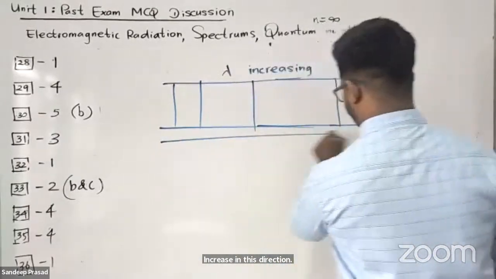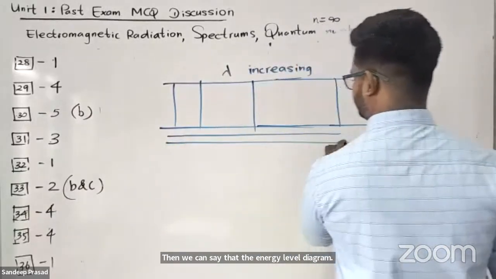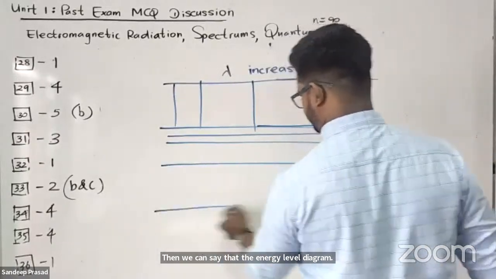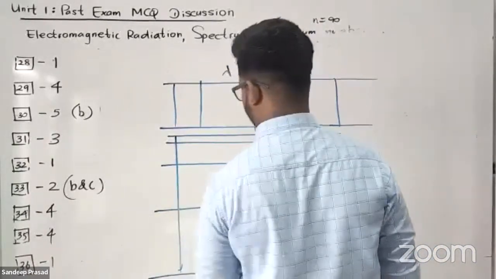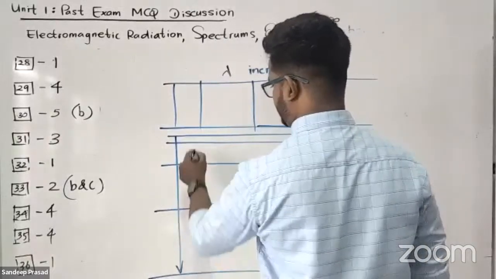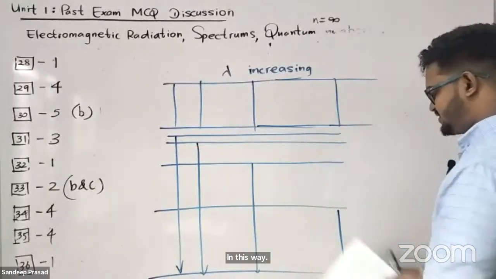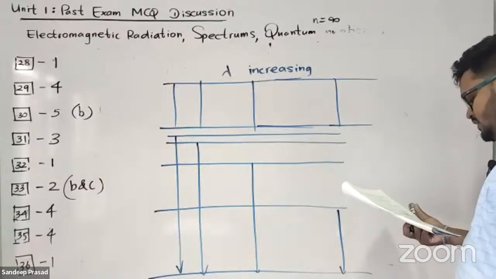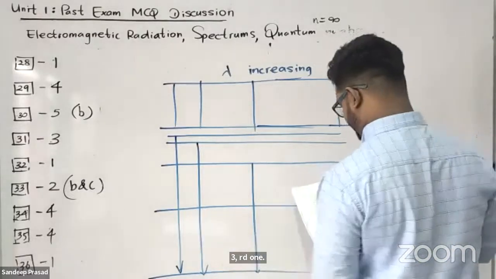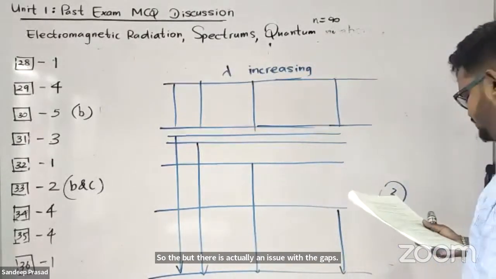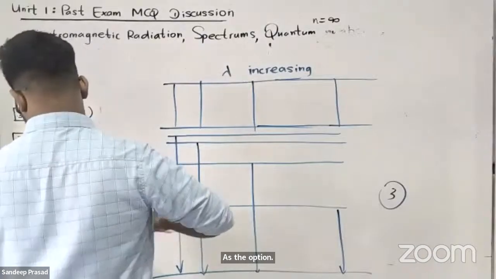Then we can say that the energy level diagram is in this way. So this kind of a diagram can be seen in approximately the third one, right? But there is actually an issue with the gaps, but according to the answers they have given, we can choose the third one as the option. So therefore question number 36 is the third one.